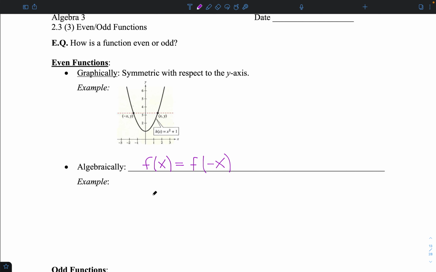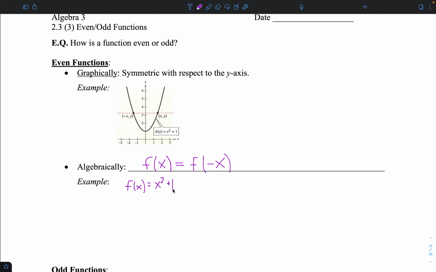Our example, again, is f of x equals x squared plus 1.